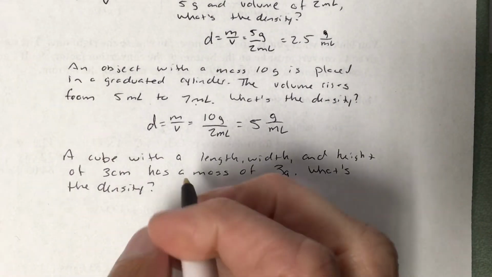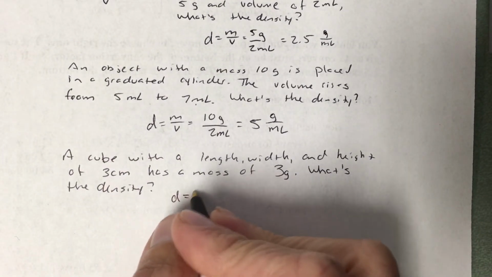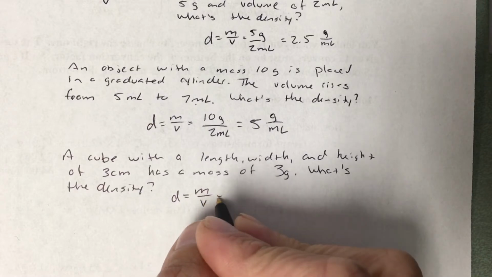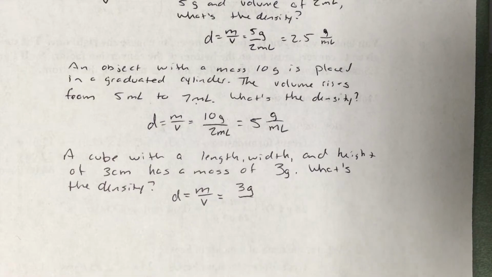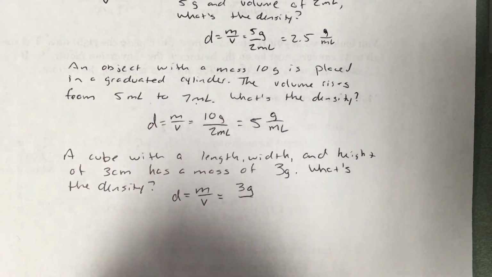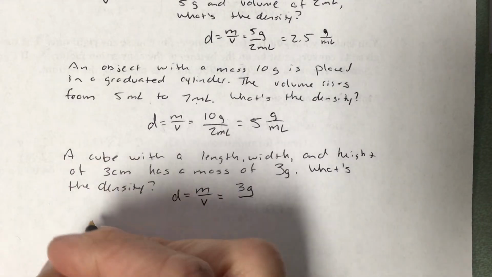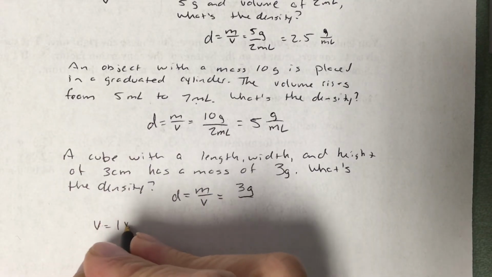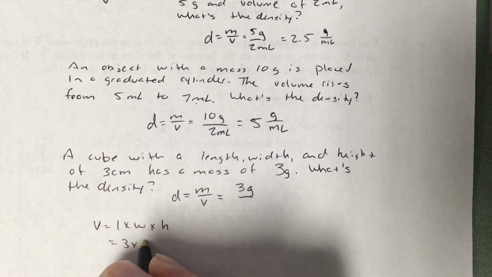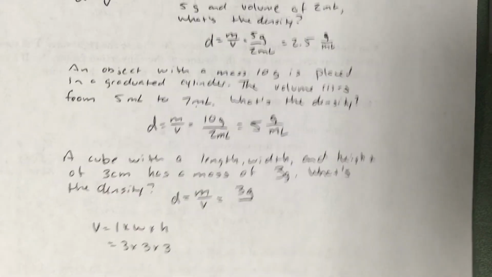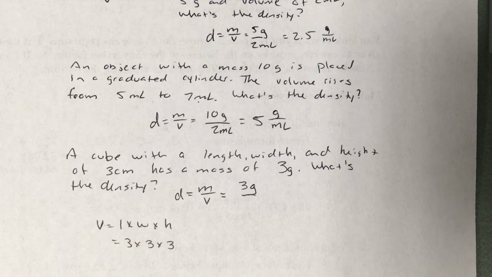Again, density is just mass divided by volume. And again, we have our mass, 3 grams. The question is, what do we use as our volume here? It's a cube, so the volume is the length times the width times the height, or in this case, 3 times 3 times 3, which is 27.